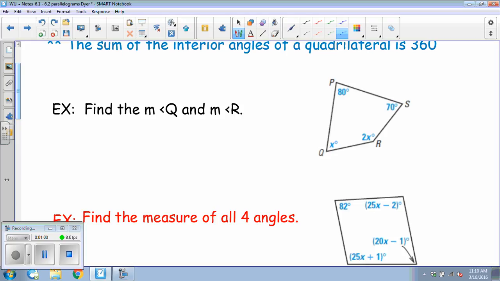Add them all up and set it equal to 360, right? And then solve for X, and then go back and plug it into the angles that you need to find. So we have 80 plus 70 plus 2X plus X equals 360.